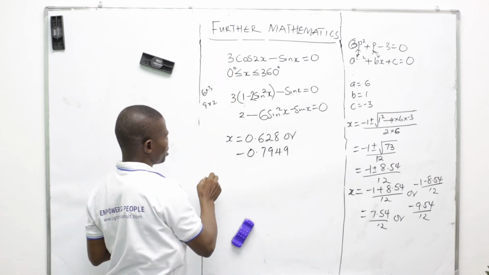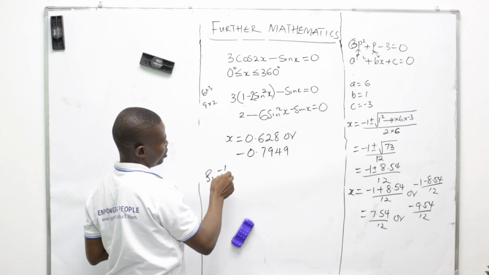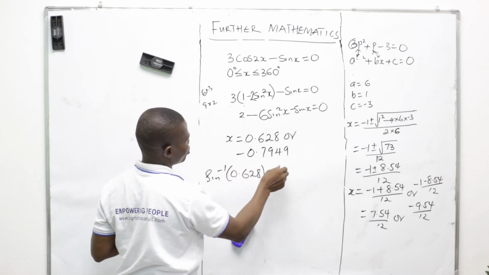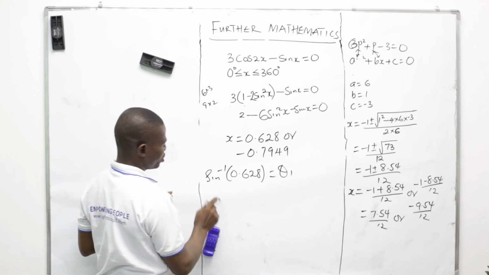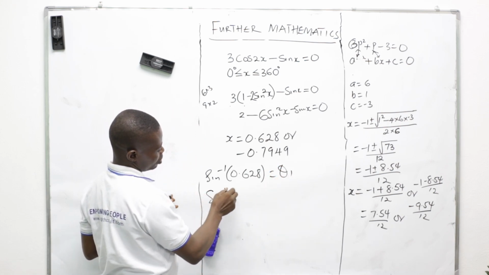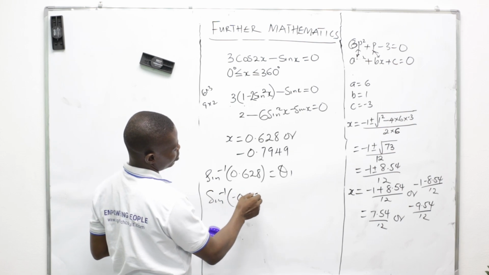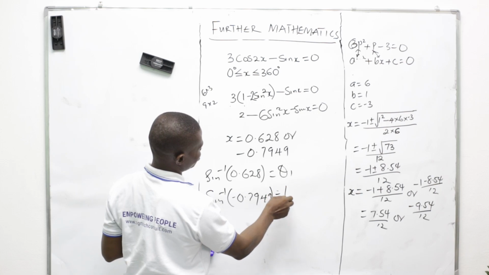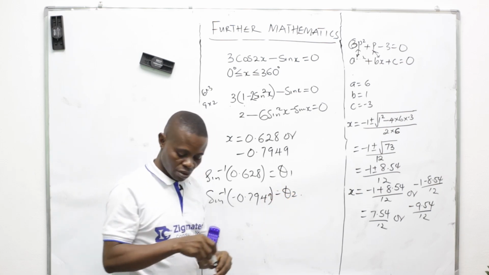Remember, you're dealing with sine theta, so sine inverse of 0.628 equals theta 1, and sine inverse of minus 0.749 equals theta 2.